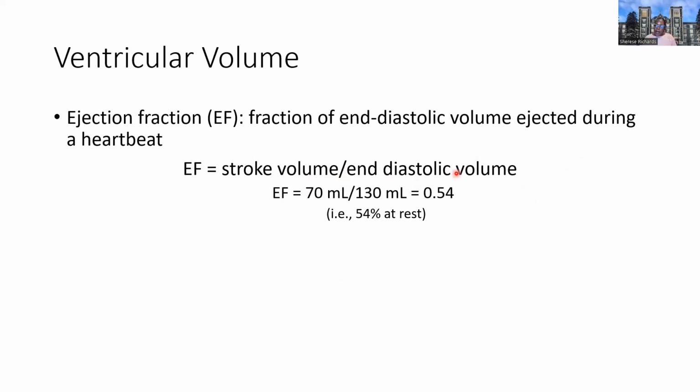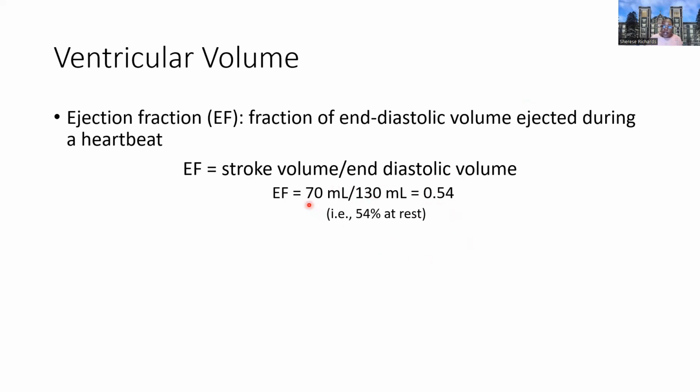So of the total amount that we filled, what percentage, what fraction of that was ejected? And that would be our ejection fraction. So it's about 70 mLs being ejected during systole. About 130 mLs were filled at the end of diastole to begin with. And so the fraction of that is 0.54 or 54% was ejected at rest.